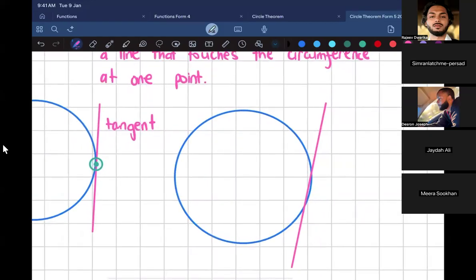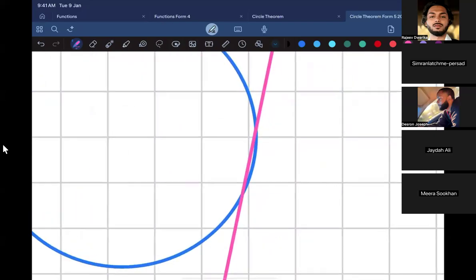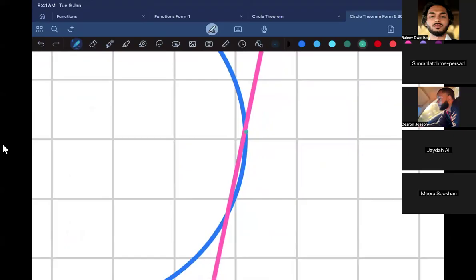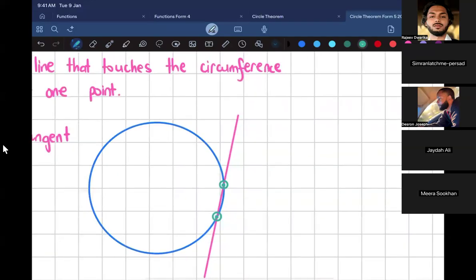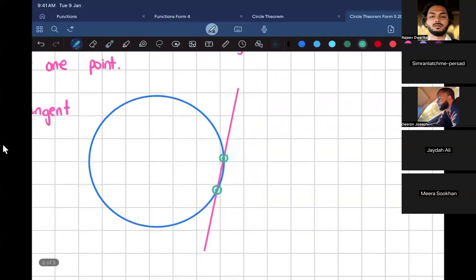No. If you zoom up, it touches the circle twice. You like to be sneaky, eh? I gotta pay attention to these things. You don't want to be caught lacking. So Mira, this line I drew was close to becoming a tangent, close, but not quite. Tell me if you understand that.